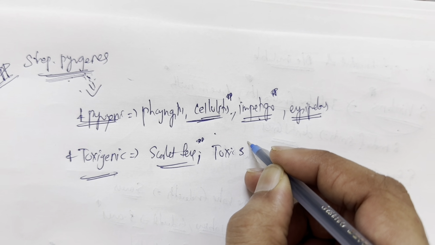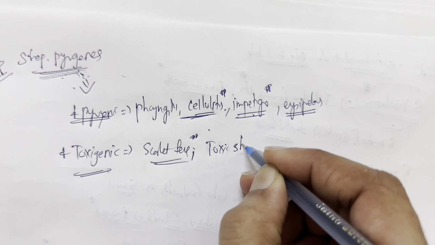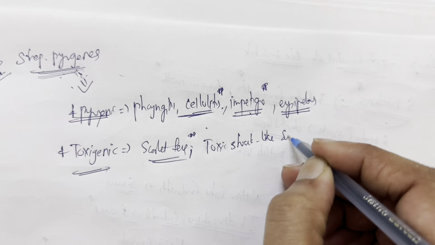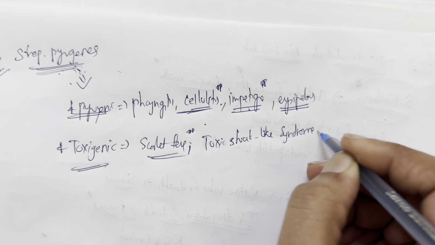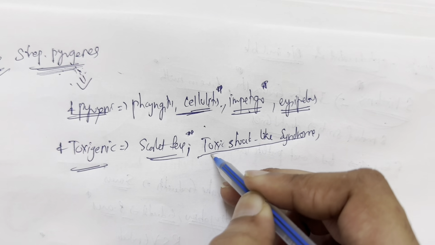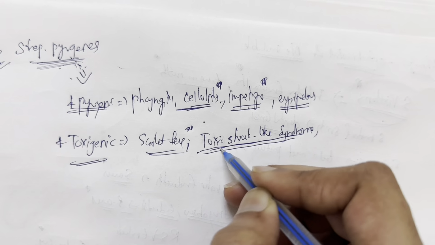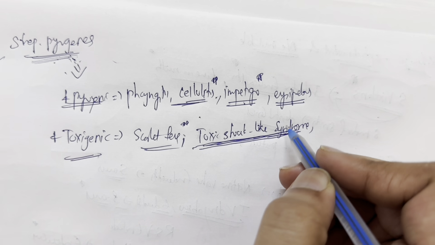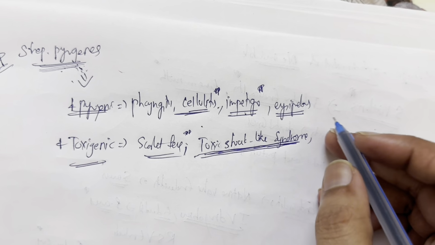Nowadays they won't ask you directly, but they could go around and ask about that topic, so you need to be aware of it and be alert during the exam. And then toxic shock-like syndrome. If you watched my previous video, toxic shock syndrome was in Staph aureus.